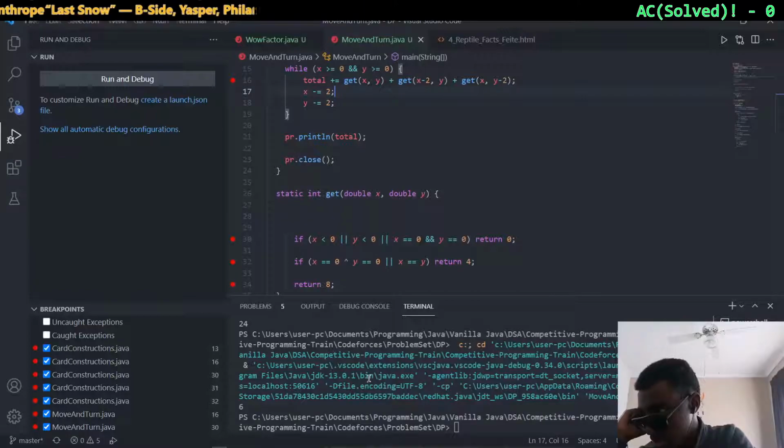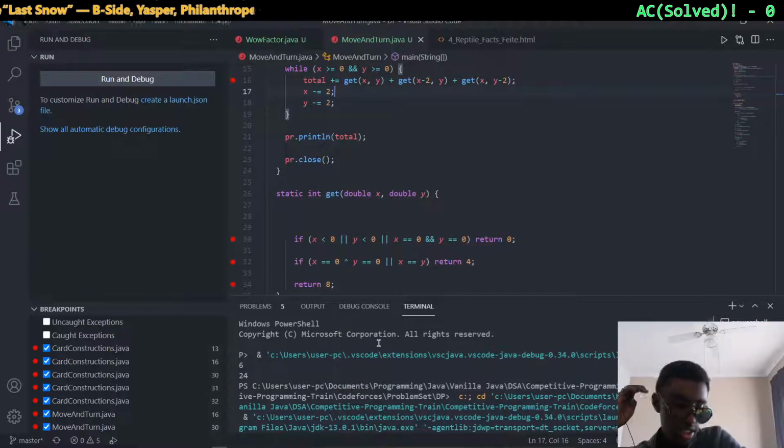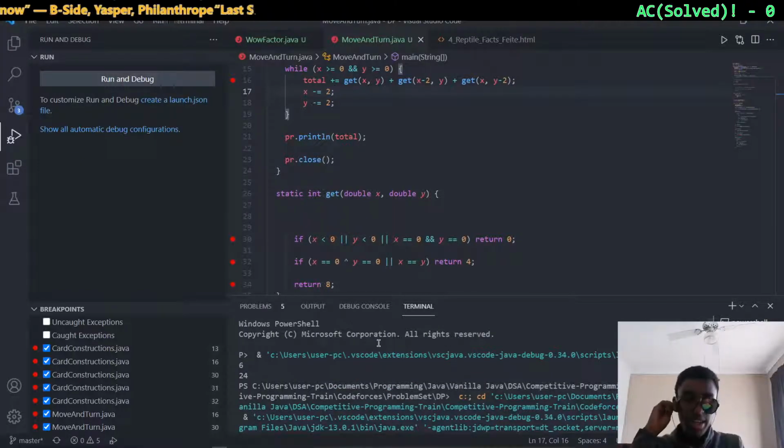Let's test this out for 6. What? My code got 24 for 6. Let us validate that.